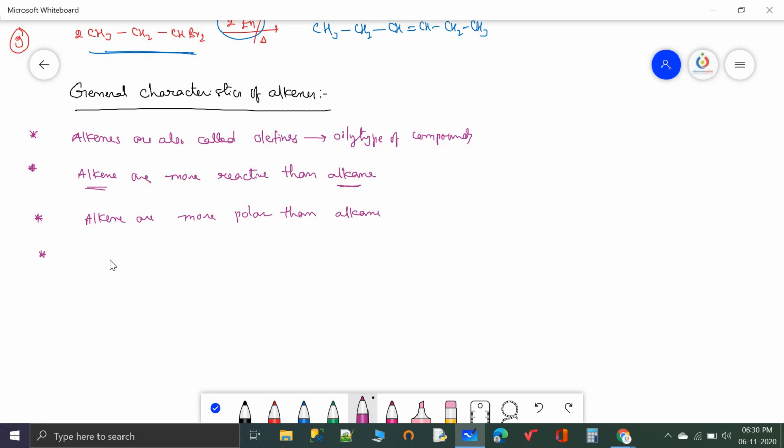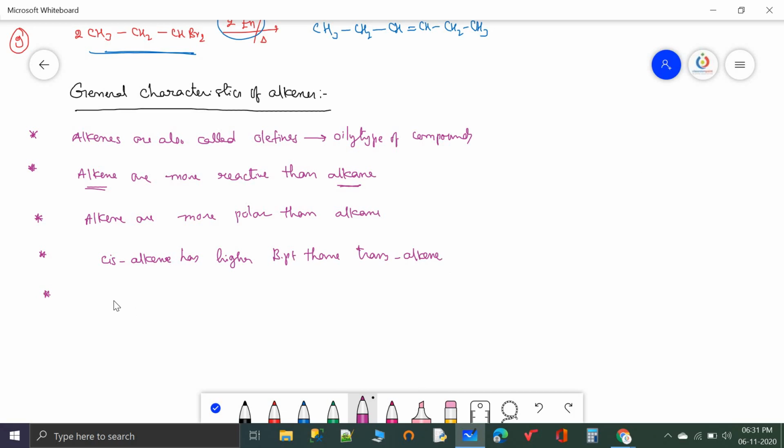And in this, whatever cis alkenes are there, cis alkenes have boiling point and melting point differences. If you consider, cis alkene has the higher boiling point with respect to trans alkene.